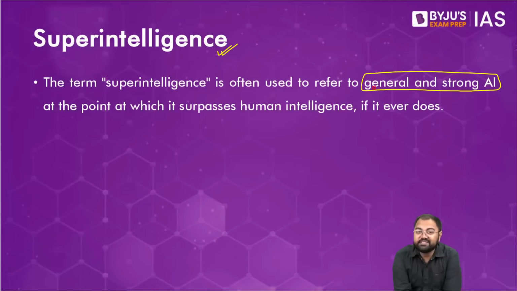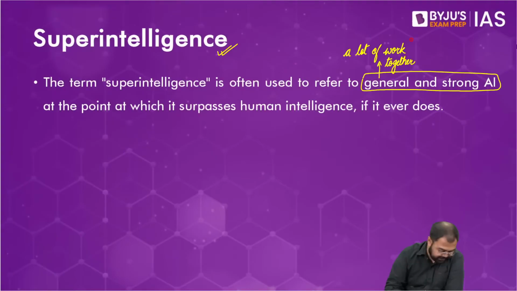Now, when we say general artificial intelligence, it means that a lot of jobs can be done together, right?